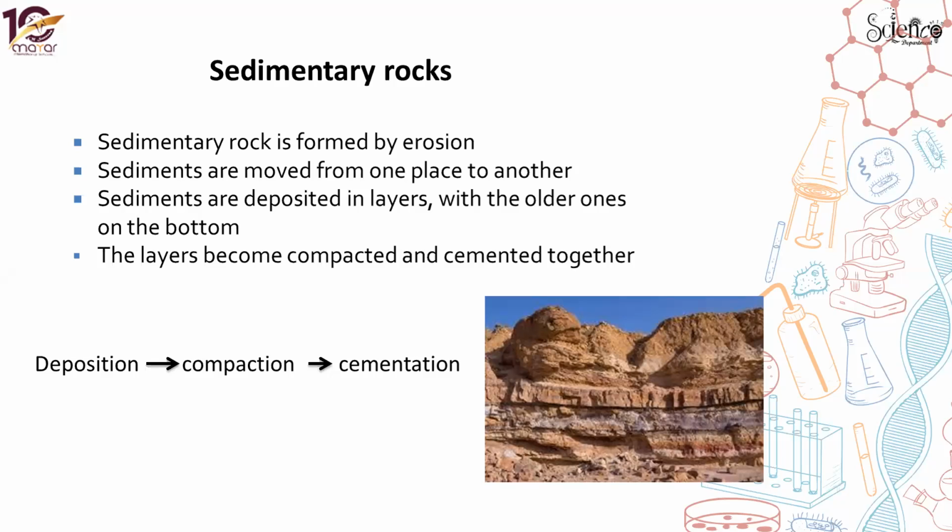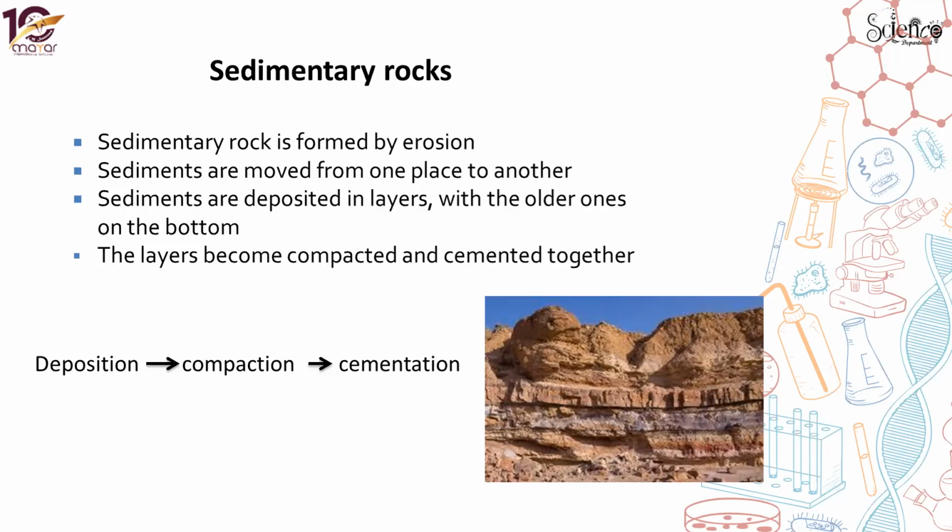This is happening naturally. Pieces of rocks together, deposition, then pressure is exerted on these pieces by the above layers, so compaction, then the minerals and the water inside the sediments work as glue, and this process we call cementation.